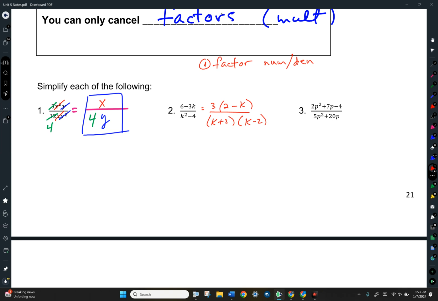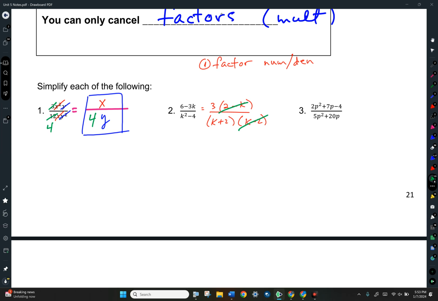Okay. So now, can I cancel any factors? The question here is this, is k minus 2 the same as 2 minus k? Because if they're the same, it's okay to cancel. I'm not canceling separately the k's and then the 2's.